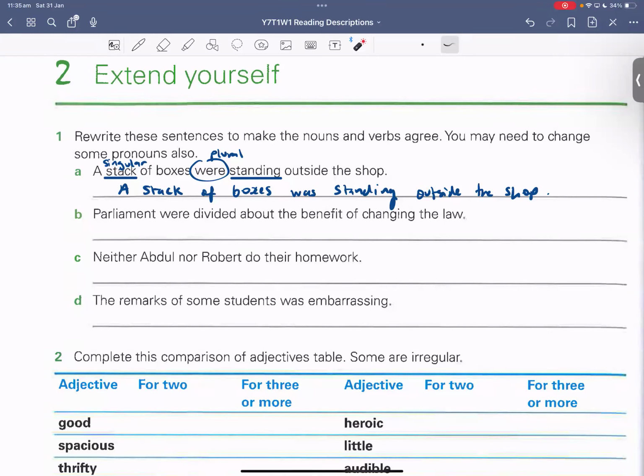Okay, let's go with it. Next person that was in the queue, yeah?